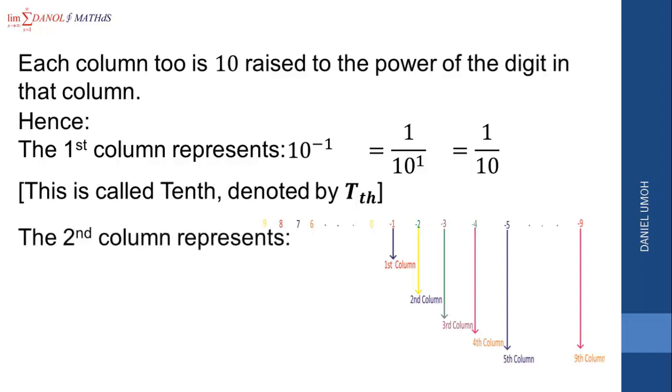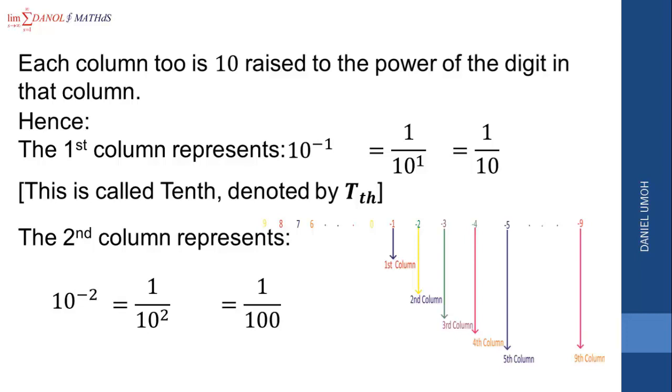The digit in the second column is -2. So the second column represents 10 raised to the power of -2, which is equal to 1/10 raised to the power of 2. Remember, the minus there stands for 1 over, and then 10 raised to the power of 2 is brought down.